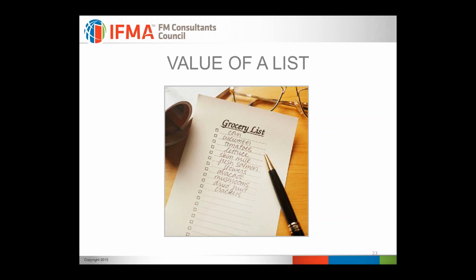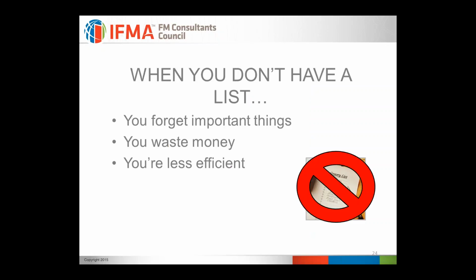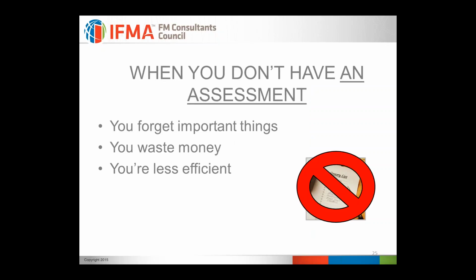You can definitely draw a comparison to a fall hazard assessment. If you don't have a list, a lot of times you forget the important things, you spend money on things that you never meant to, and you're certainly not efficient because you wander around aimlessly looking for things that you think you might need.